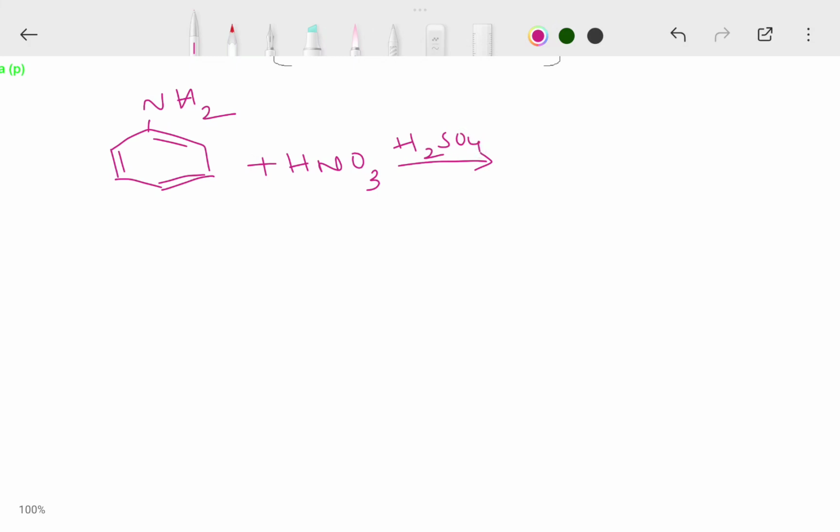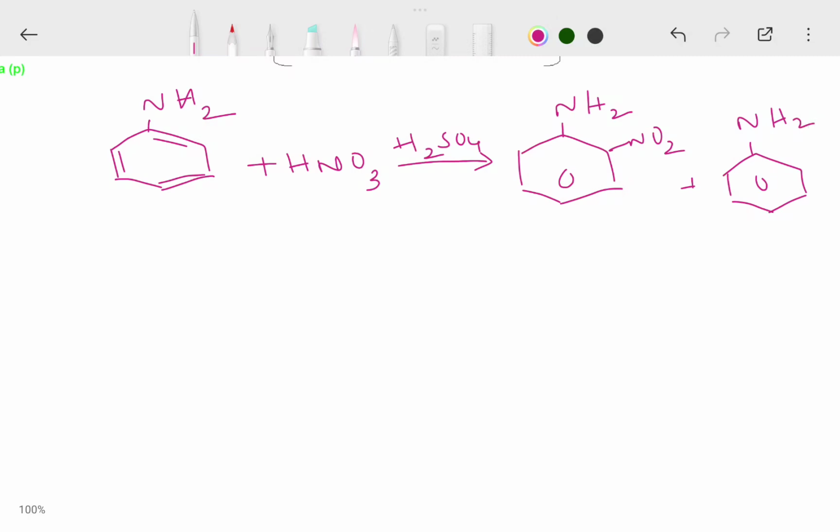Here two types of products are possible. One is ortho-nitroaniline and para-nitroaniline. This is the para position, this one is the ortho position.